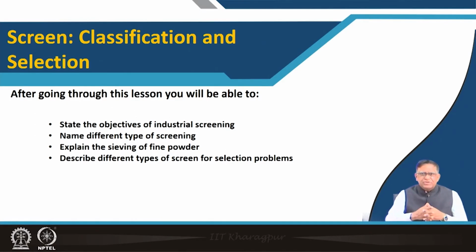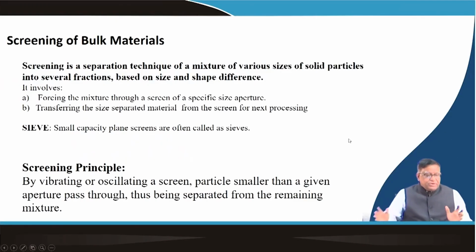It is also used in civil engineering, mining engineering, soil studies and environmental engineering, where they handle bulk material, particularly powder material, for sieving. We will be touching upon that also. And then we should be able to discuss the different types of screen, so that we can handle the selection problem. So, let us start discussing this.